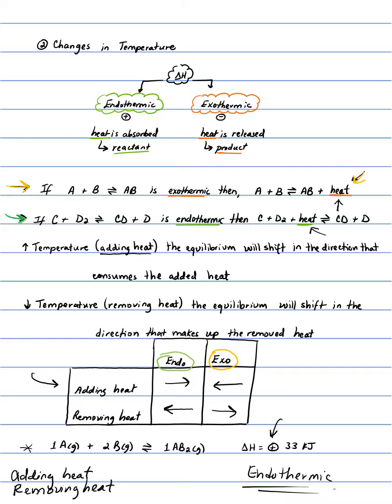What's going to happen to your equilibrium if you're adding heat to your endothermic reaction here, or if you're removing heat from your endothermic reaction? You can predict just by writing the arrow pointing to the right or pointing to the left. Pointing towards the right means that the equilibrium will be shifted towards the product. Pointing towards the left means that the equilibrium will be shifted towards the reactant.